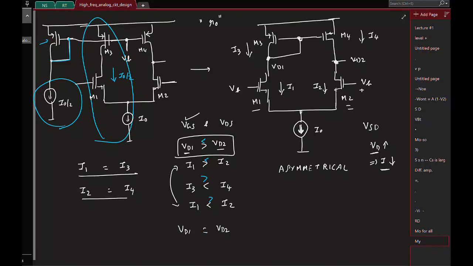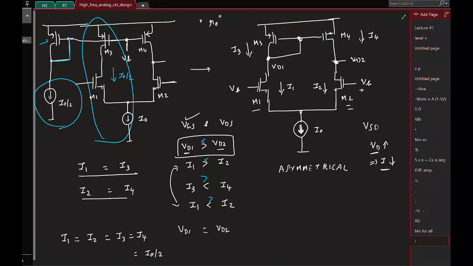Okay. So then what can you say about the currents? All the currents are equal. So I1 is I2, and obviously this is I3 and I4. Is the logic okay? So what is this current equal to? I0 by 2, right?